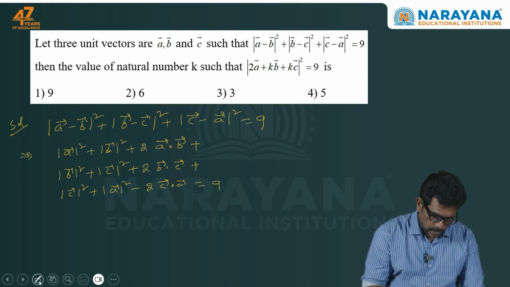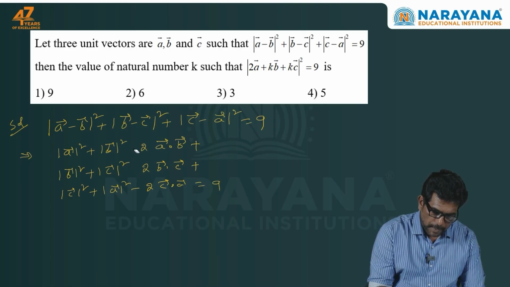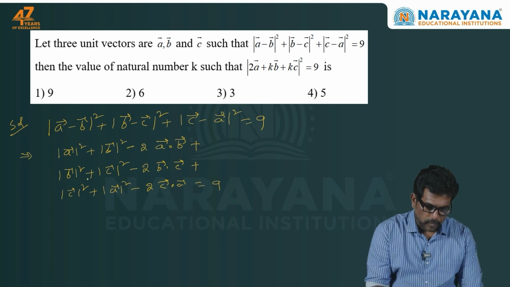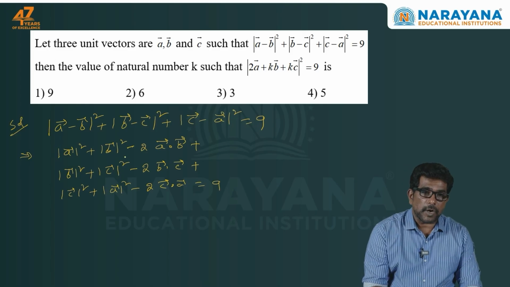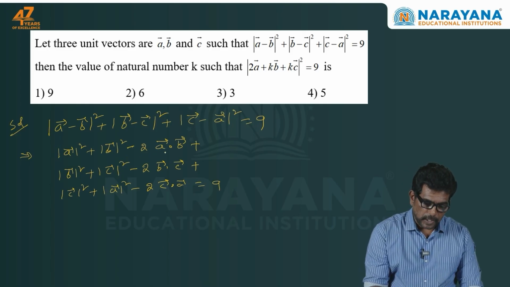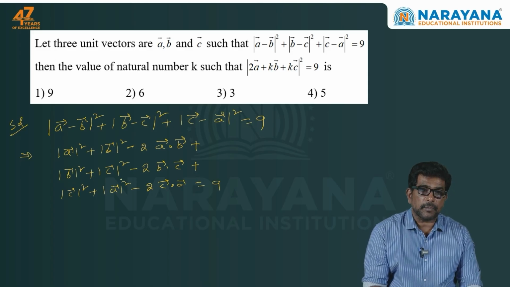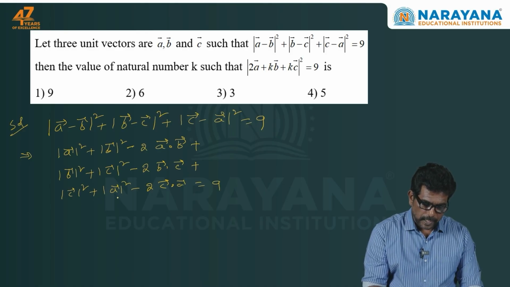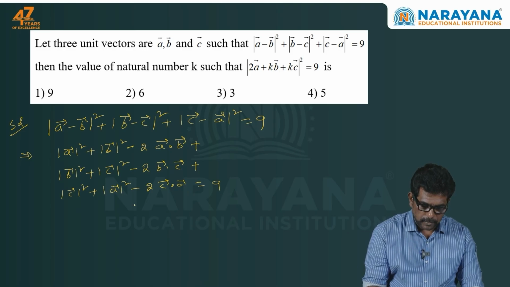Here they have very clearly mentioned a bar minus b bar whole square, so it is mod a bar square plus mod b bar square minus 2 times a bar dot b bar, plus mod b bar square plus mod c bar square minus 2 times b bar dot c bar, plus mod c bar square plus mod a bar square minus 2 times c bar dot a bar is equal to 9.